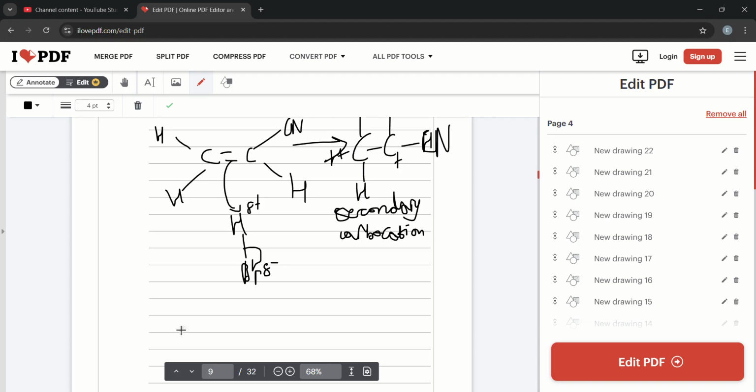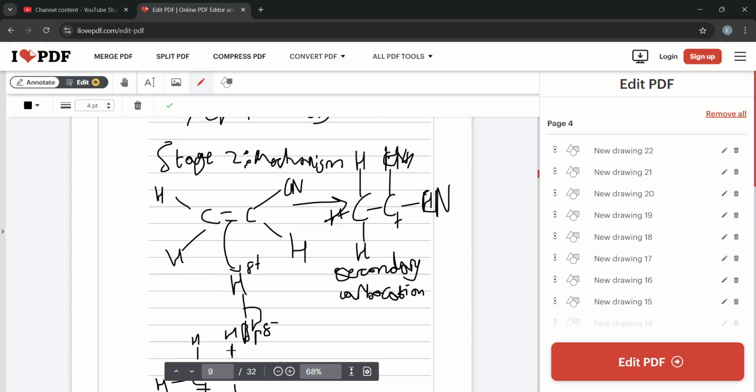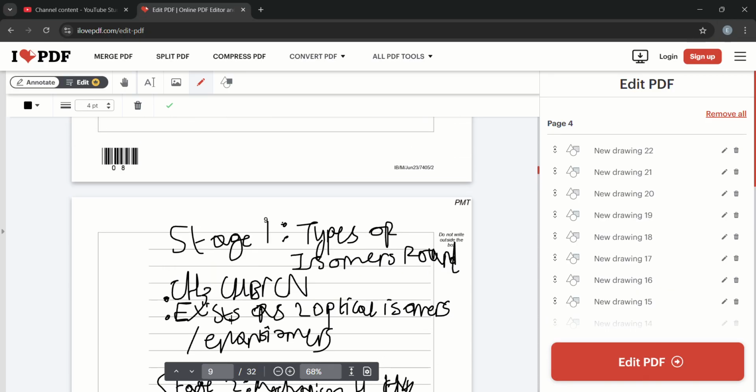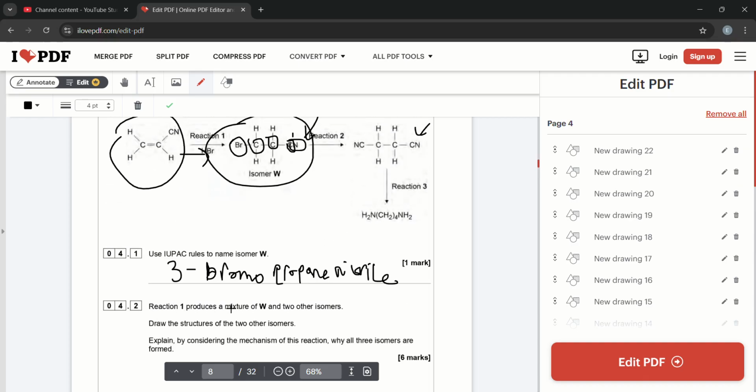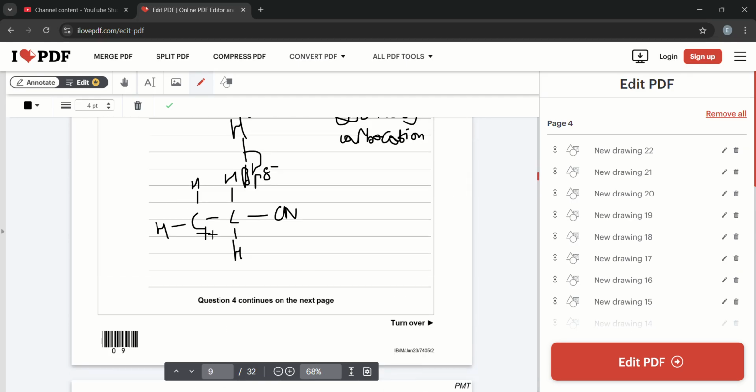And then we can also form a primary carbocation, where the CN is still here, H is still here, now the H is here and the positive charge is here. So what will happen is that the Br with the lone pair of electrons will bond here instead, and that's a primary carbocation.